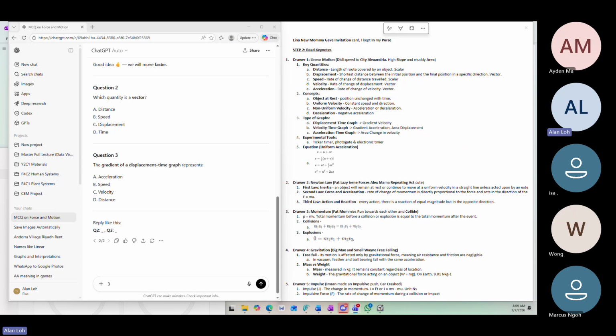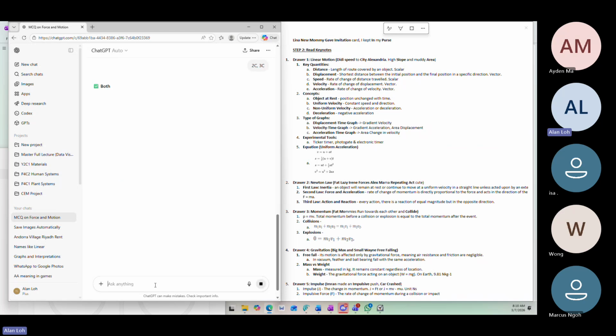Xingling is question 2, drawer 1, and C. So 2 is C, 3 is C? Let's wait for Marcus. Marcus, are you typing? Yes, C and C. Okay, so far so good.